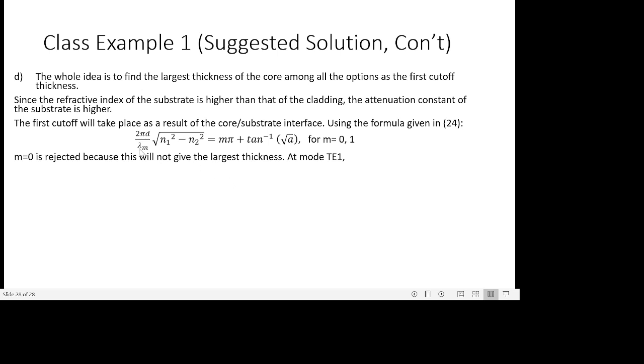And assuming that the frequency is not going to change, so lambda is 1 micron, and instead we change the thickness, reduce it, and we are trying to use this way to establish the cutoff, the first cutoff. M equals 0 should be rejected because this is not the largest thickness.